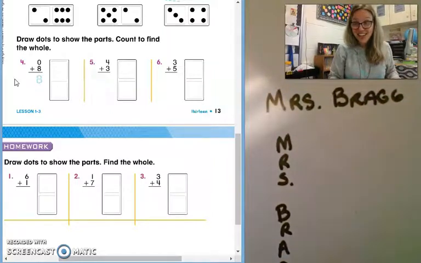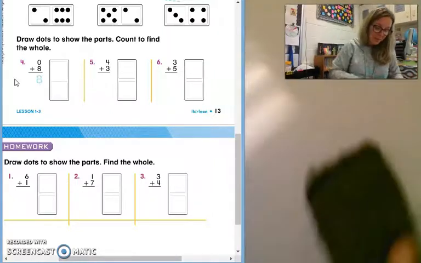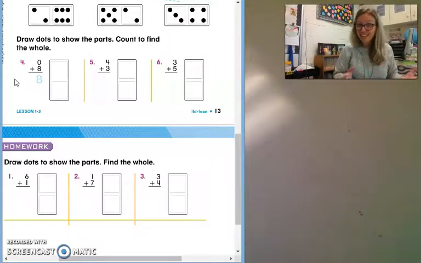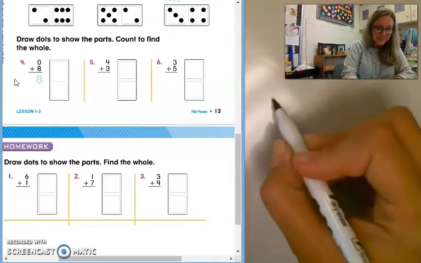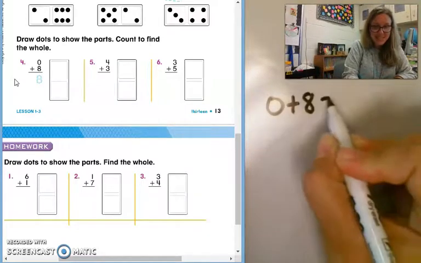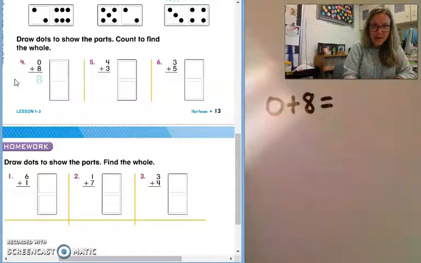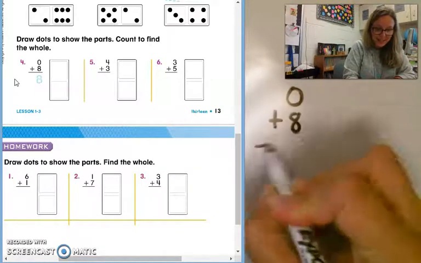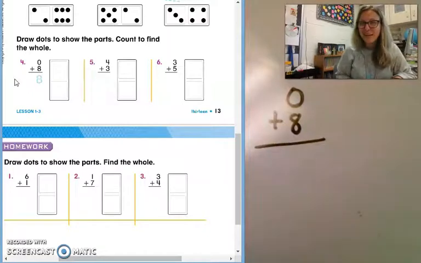It doesn't change my name. Well, with math equations, we can write them up and down or side to side, and it doesn't change anything. So instead of saying 0 plus 8 equals, now they've changed it, and they're saying 0 plus 8 equals. But it means the same thing.